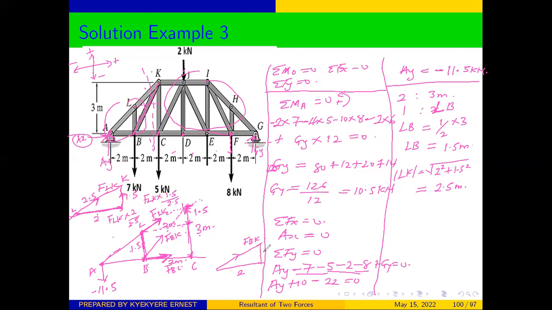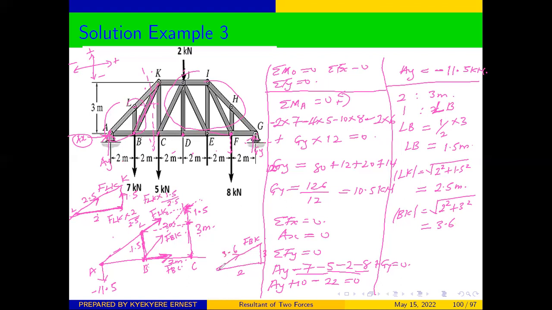Now we need to calculate the hypotenuse for BK. From B to K will be equal to square root of 2 square plus 3 square, and that should give us a value of 3.6. Therefore, the hypotenuse here is 3.6.